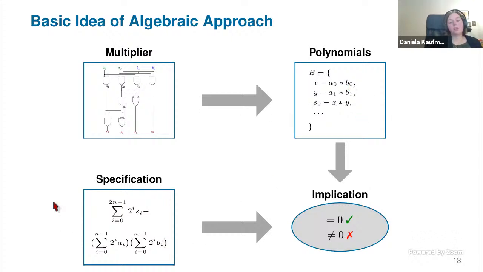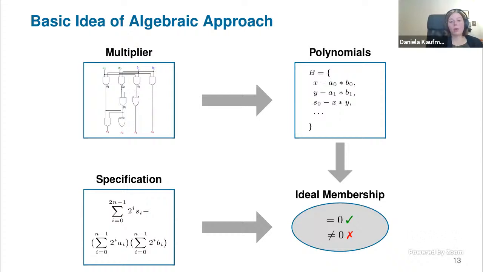Then we also have the specification as a polynomial, and we want to show whether the specification polynomial is implied by the polynomials that are induced by the circuit, which actually means that we want to show that the specification polynomial has the same roots as the circuit polynomials. Algebraically, what we want to solve is the ideal membership problem for the specification.